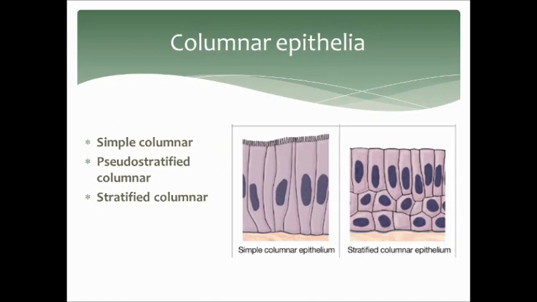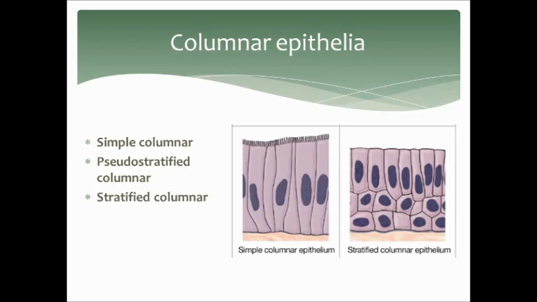With columnar epithelium, we have 3 types. So simple is, again, specialized for absorption and secretion. We'll find this a lot in the gastrointestinal tract, like in the small intestine, stomach, and the large intestine. Pseudostratified is called that because it looks like it has multiple layers, but in fact it has one, and the cells are going to look like they're different shapes.